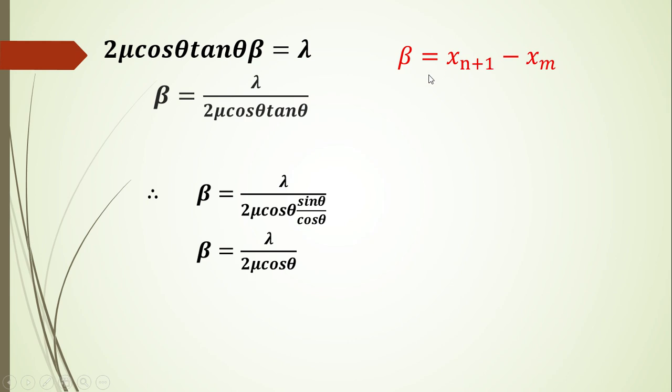Now S(n+1) minus Sn is the successive distance between two dark fringes, which is called the fringe width.